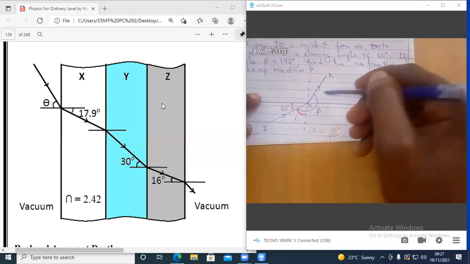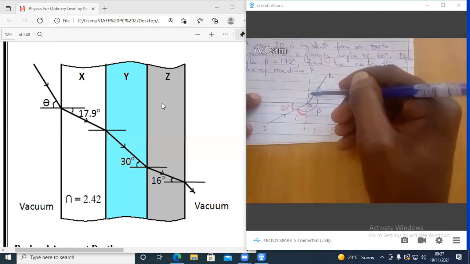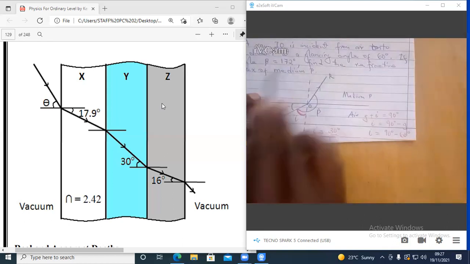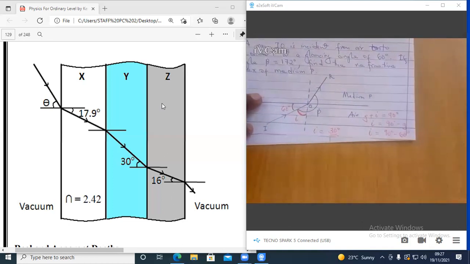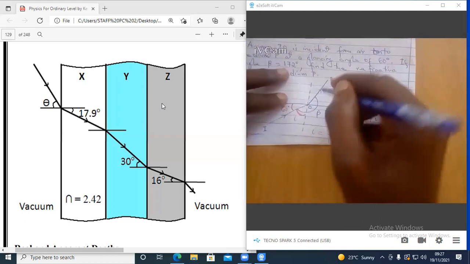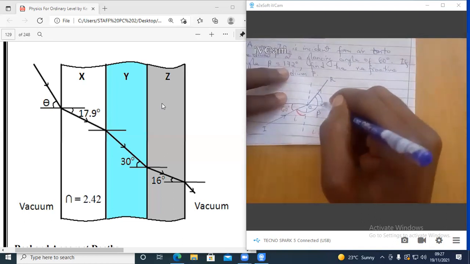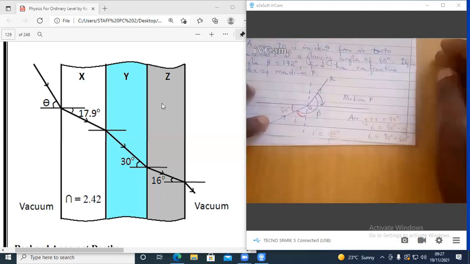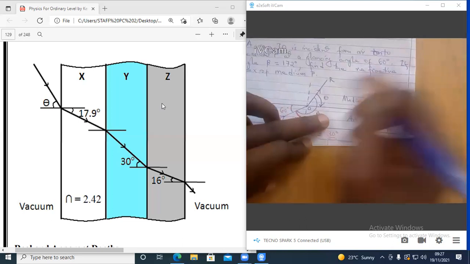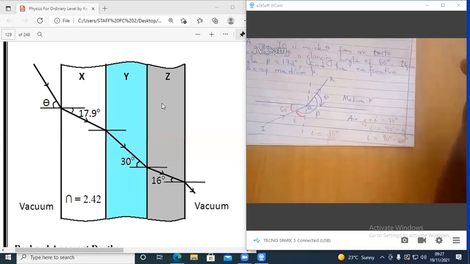We have to go ahead and find this angle here. What will be this angle now, members? Actually, how are we going to use this 172? We can use 172 to find this angle here. Are you seeing this one here, members? Let's call that angle theta.